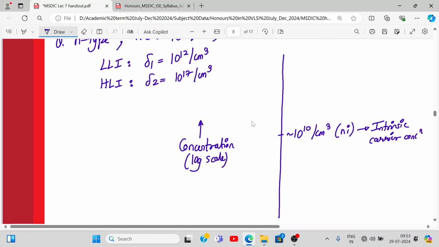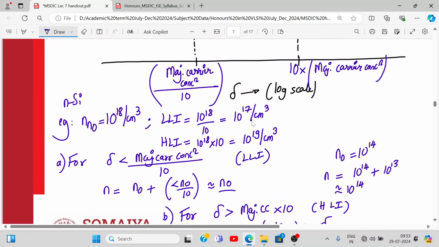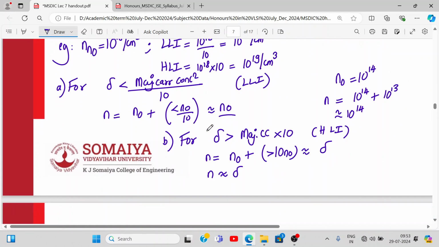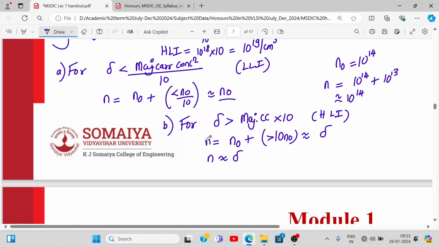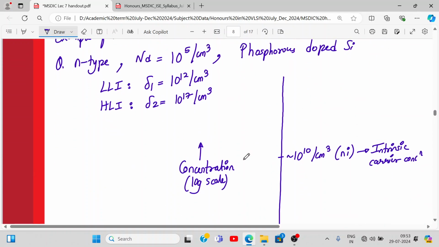Now tell me, where will be your majority carrier concentration n0? I told you, for high level injection, n will be approximately equal to delta. So where will it be?